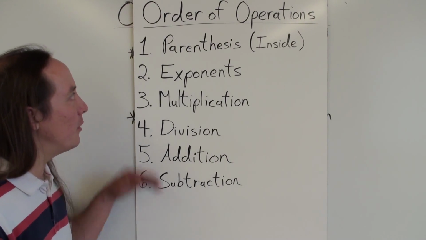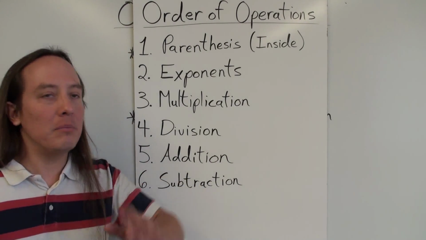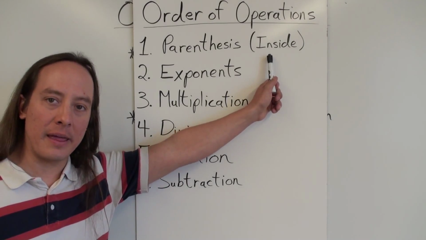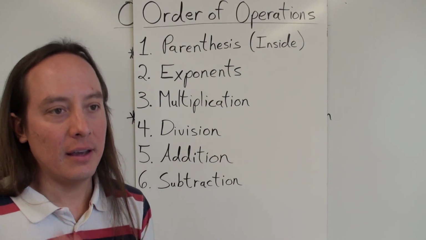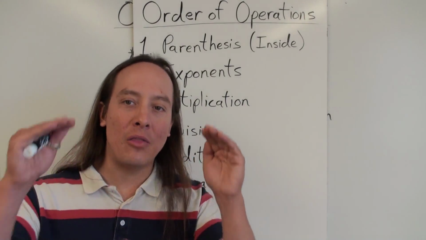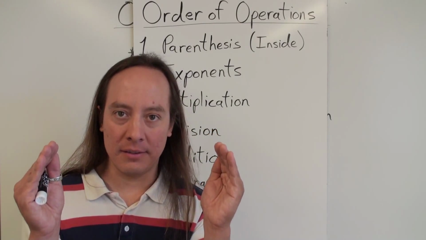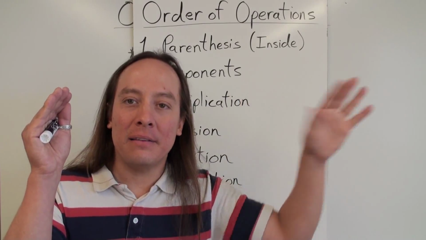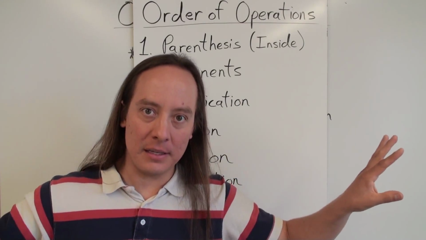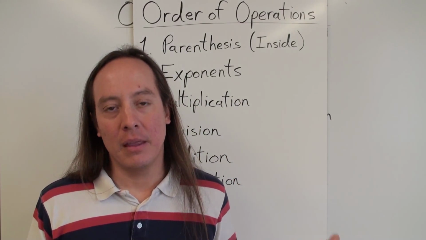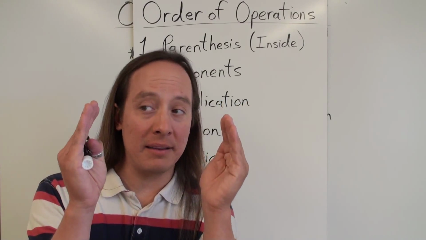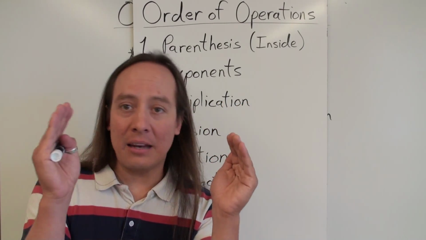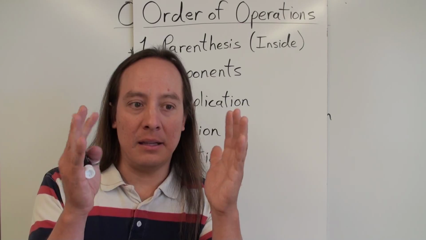So the first step is parentheses. Now, I did put something over here to one side of that. It's not just because you have parentheses. You have to have something to do on the inside of those parentheses, in between, you know, my hands. If it's something that's outside of the parentheses, it doesn't count. Now, if there's only a number by itself inside parentheses, you can't do anything with it because there's just a number.